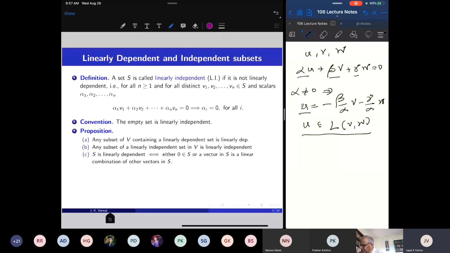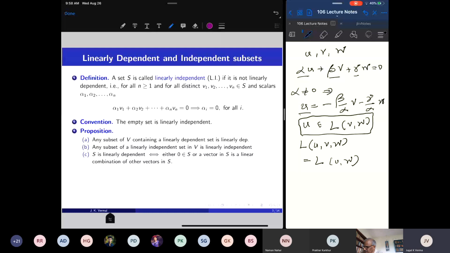So whenever I have a linearly dependent set of vectors, one of the vectors among those is in the linear span of the remaining vectors. Therefore, the linear span of u, v, w is the same as the linear span of v, w.